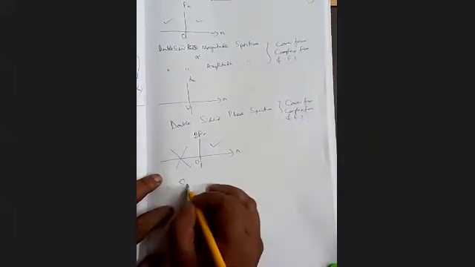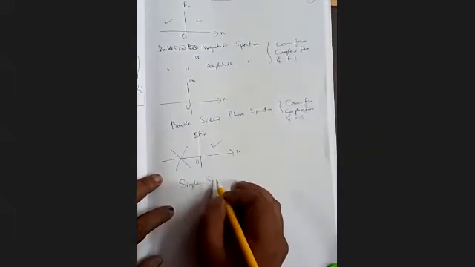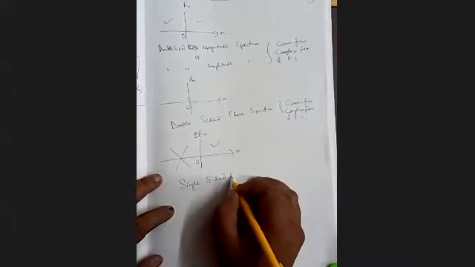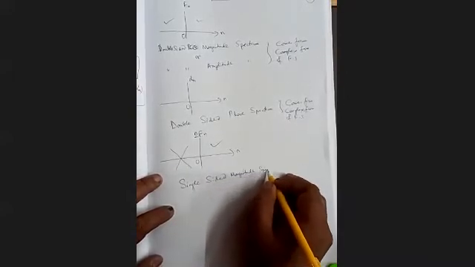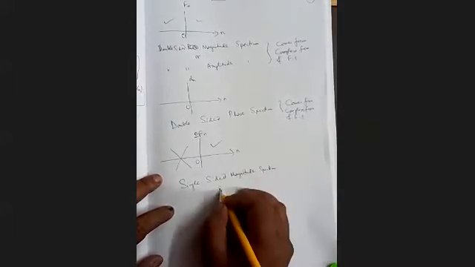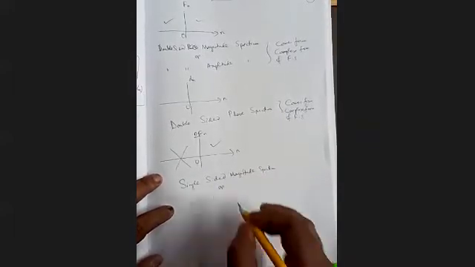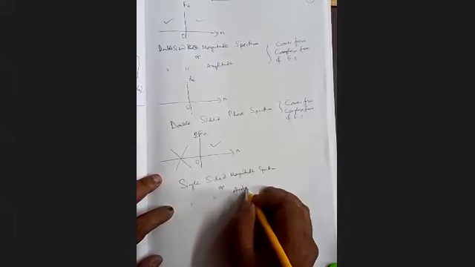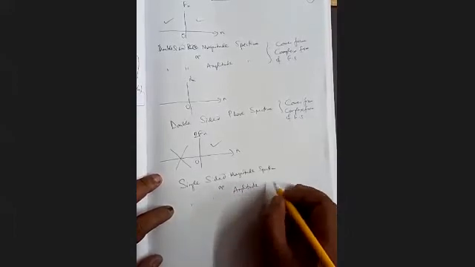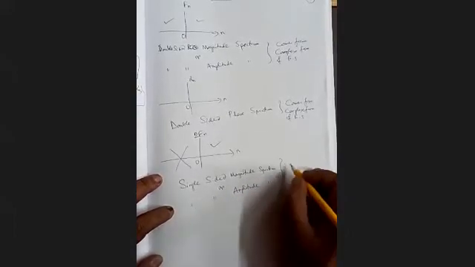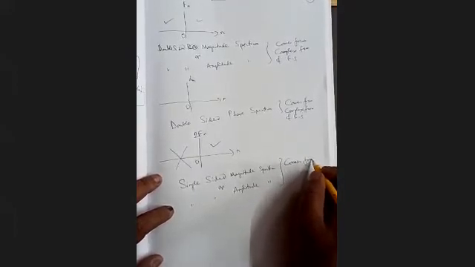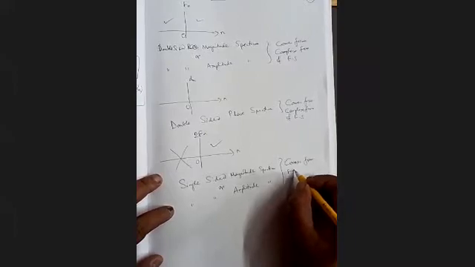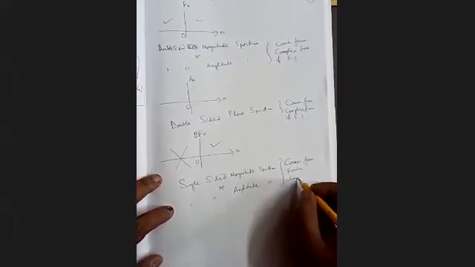So it is called single-sided magnitude spectrum or single-sided amplitude spectrum. So it comes from Fourier cosine series.